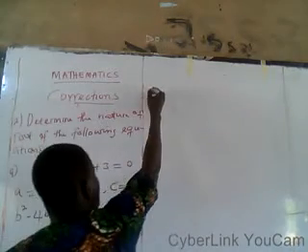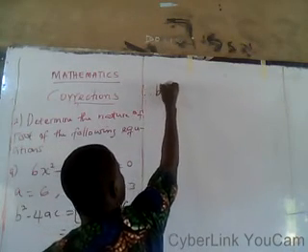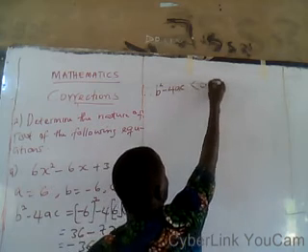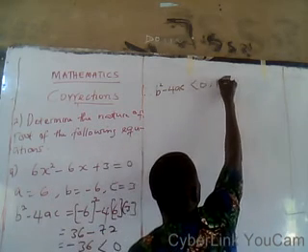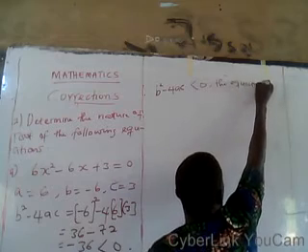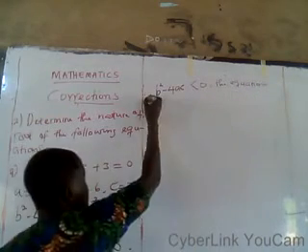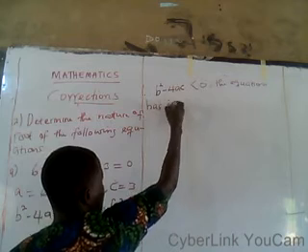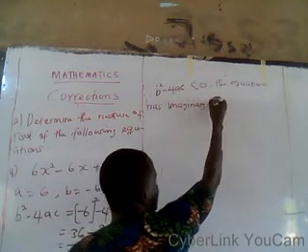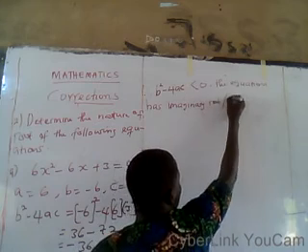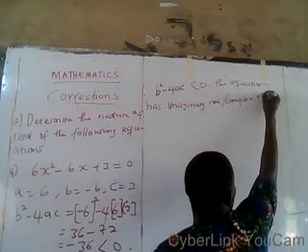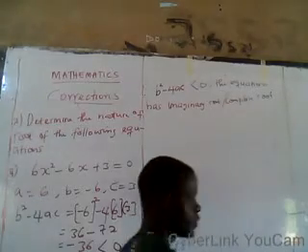So therefore b squared minus 4ac is less than 0, comma, the equation has imaginary root, or you say complex root. Are you getting it now?